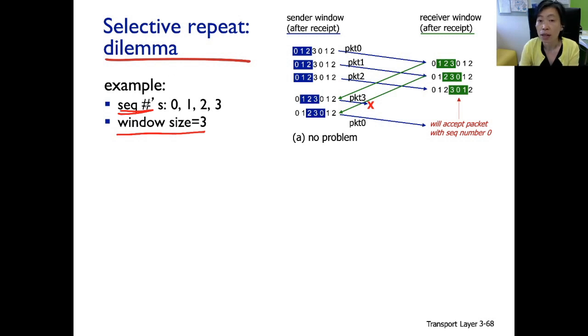Okay, so the example goes, sequence number, only 2 bits, so there are only 4 different numbers. Window size, 3. Right. So the selective repeat sender side will look like this. Well, the window size is 3, so we can only send 3 packets back to back of each other.